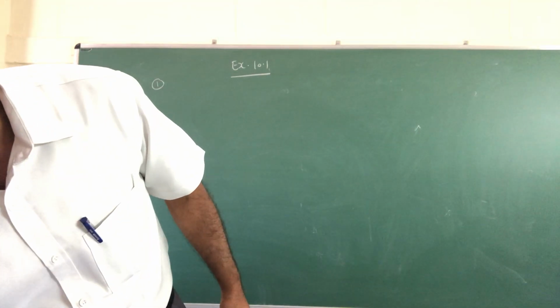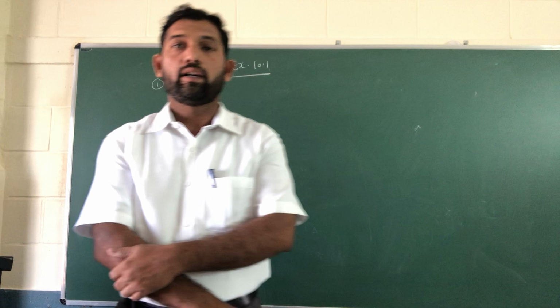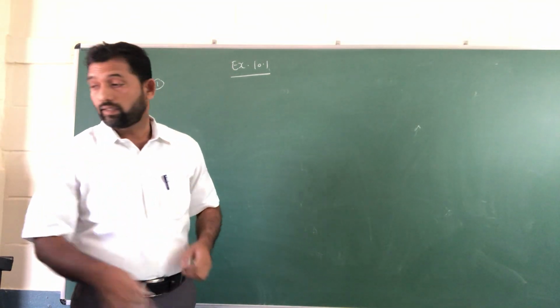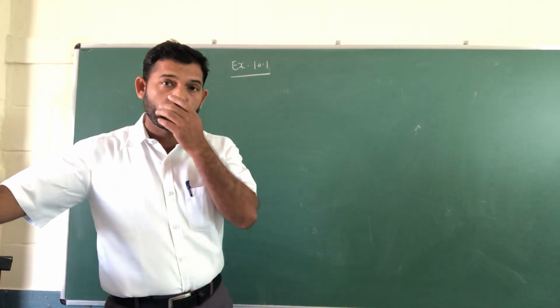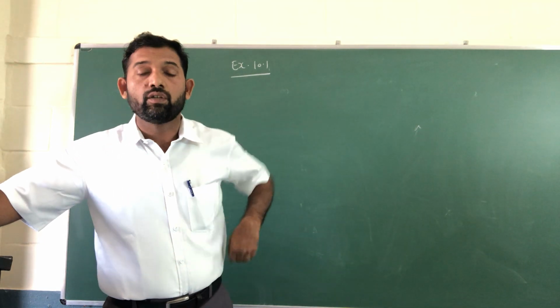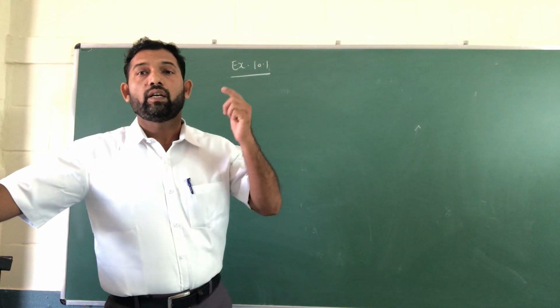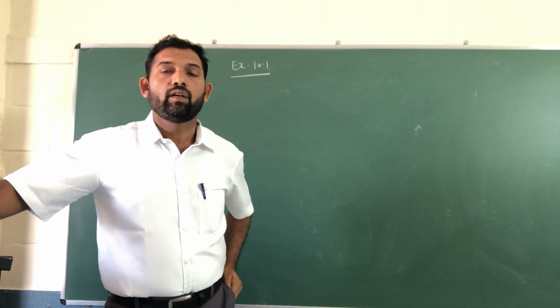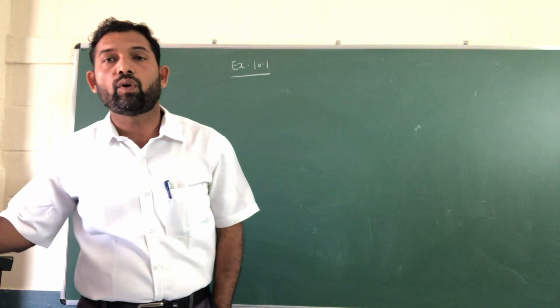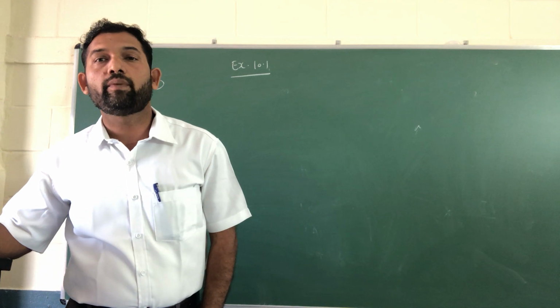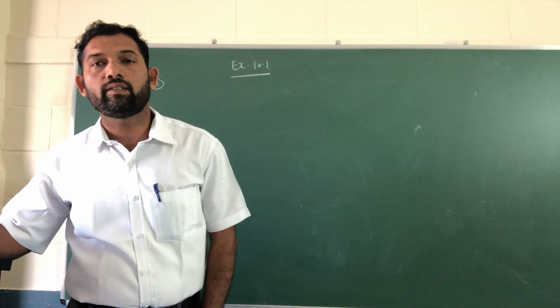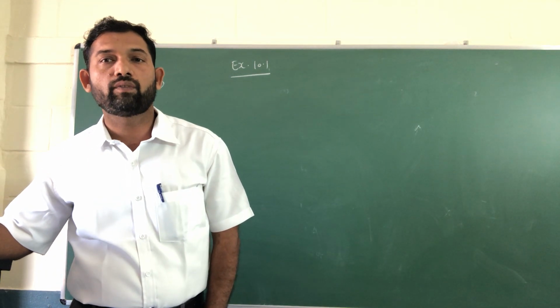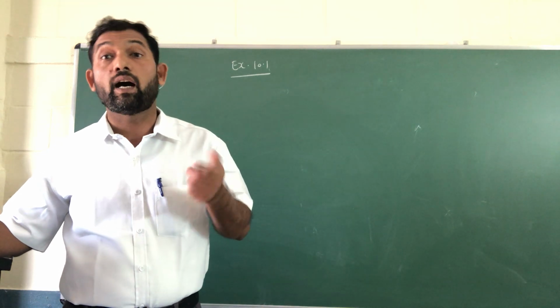Next class we are going to start the 10.1 exercise problems. Before that, I will recall all the points. If two points P (x1, y1) and Q (x2, y2) are given, the slope is y2 minus y1 by x2 minus x1.